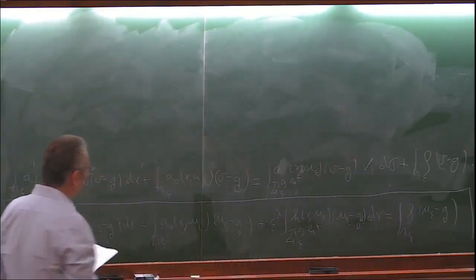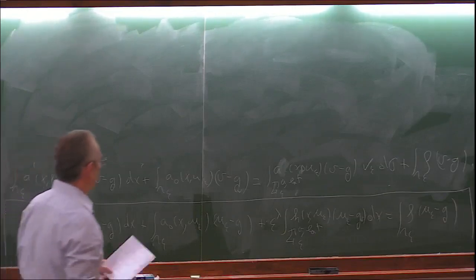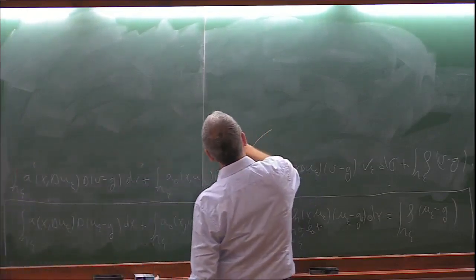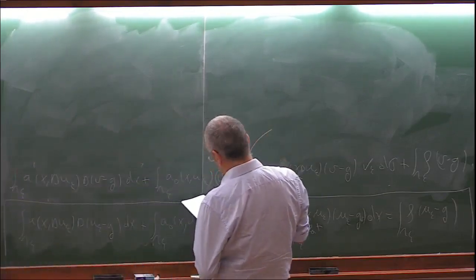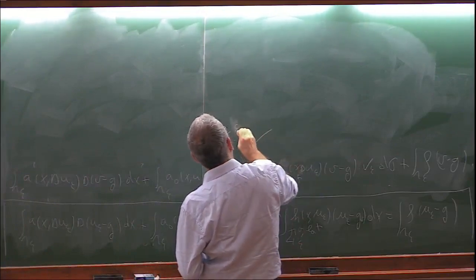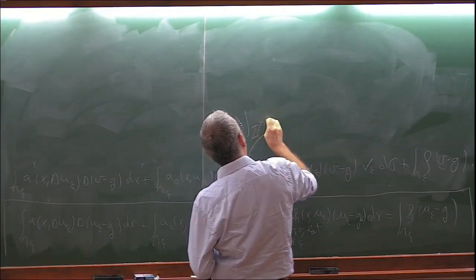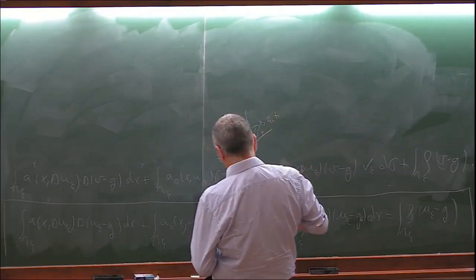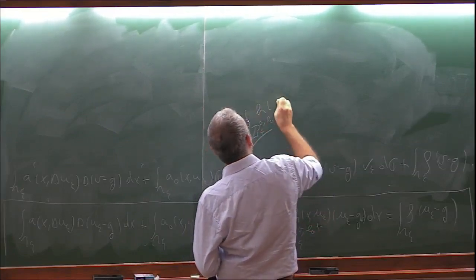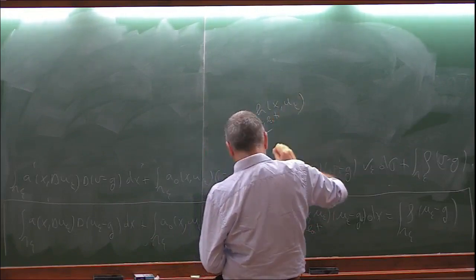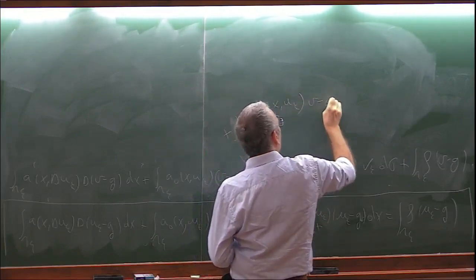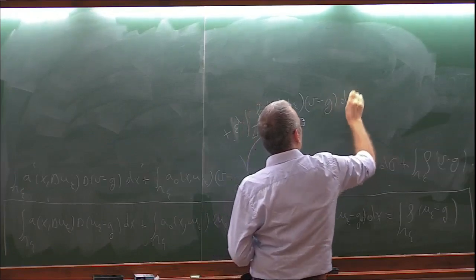Okay, what do we do now? We add to both terms this quantity, plus epsilon lambda, the integral on sigma a lateral epsilon, the h x u epsilon v minus g in the sigma.